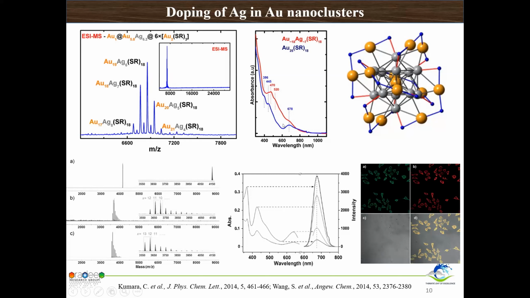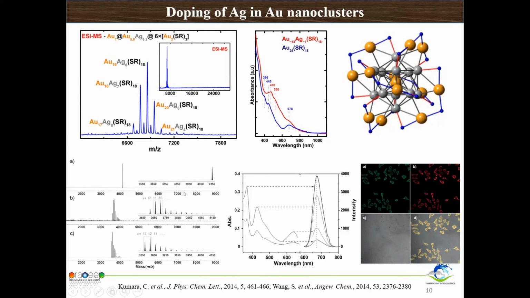Here they observed the formation of up to 7 silver-doped Au25 nanoclusters, and they assigned this via ESI MS. Also, they crystallized it, and the single crystal X-ray structure showed that the silver atoms occupy the icosahedral surface positions.